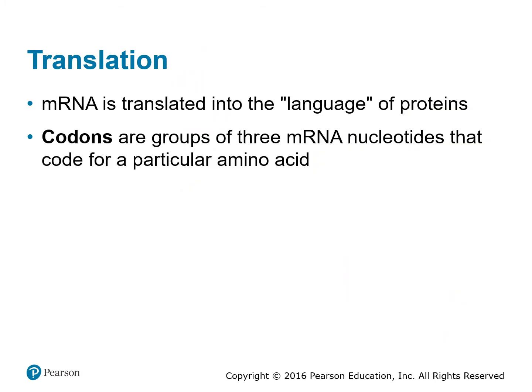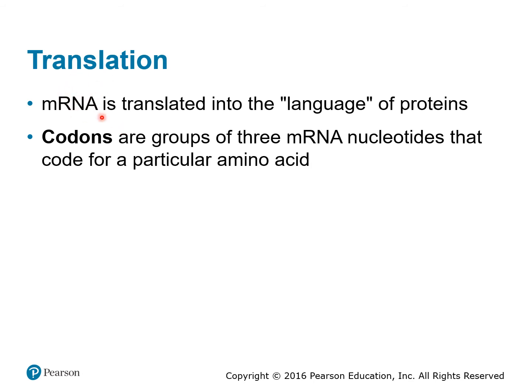The translation process, as I said, is when the messenger RNA that was just made from the transcription process is going to be translated into proteins. Now, this messenger RNA, we call it messenger because it is carrying the message, and this message needs to be decoded so that we can understand which protein it is coding for.